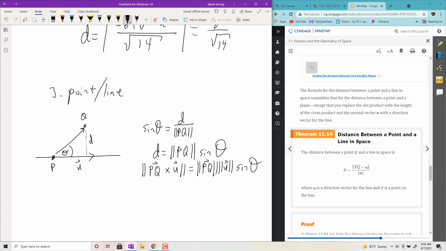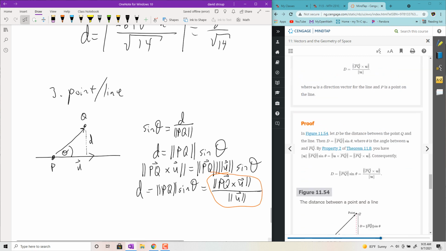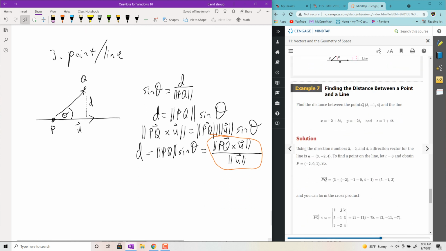And then you can solve for magnitude PQ sine theta by dividing both sides by the magnitude of u, and you get magnitude PQ times sine theta, which is that distance we're after, is equal to the magnitude of the cross product of PQ and u divided by the magnitude of u. Okay, and that then is the formula du jour that we need to complete these problems. So let's take a look at example 7 and see how this works.